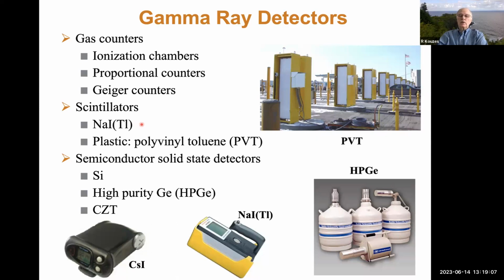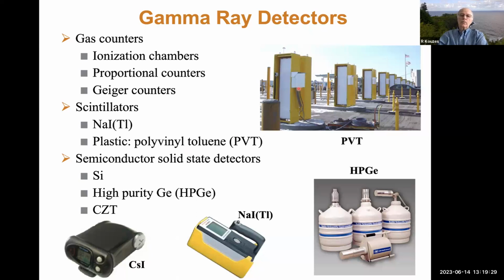That's because in sodium iodide, you get the photoelectric effect and the Compton effect and possibly pair production, but you get total absorption of the gamma ray. In plastics, you typically only get Compton scattering. So you don't see the full energy peak, because the density of plastic and the atomic number of plastic is so low that you only get the Compton scattering.